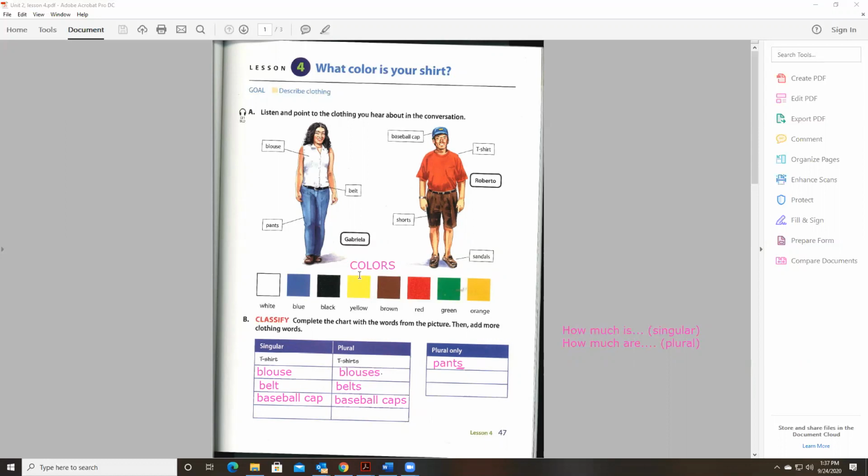All right, t-shirt, we already have in our chart. Okay, t-shirt is singular, but if we make it plural, it's t-shirts. Okay, now let's look at the word shorts. Okay, again, shorts are one of those words that will always be plural.